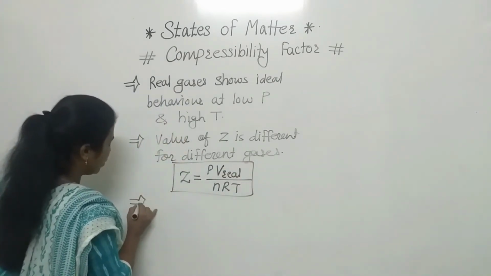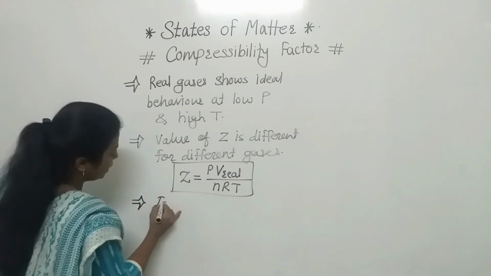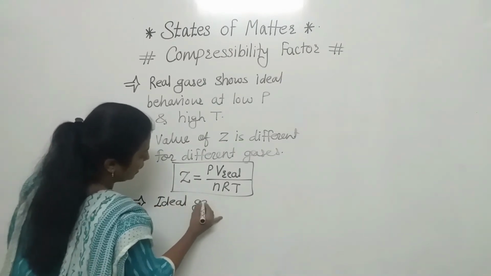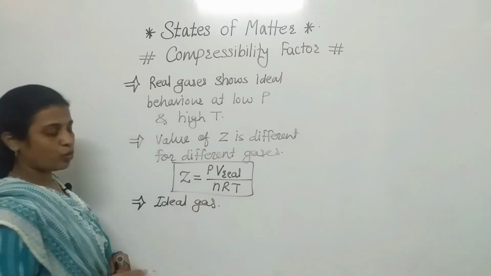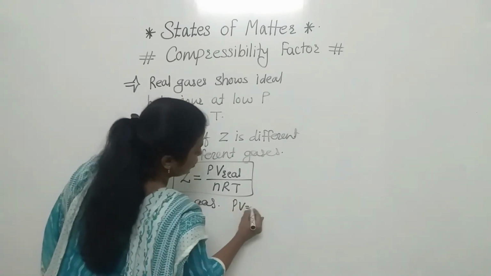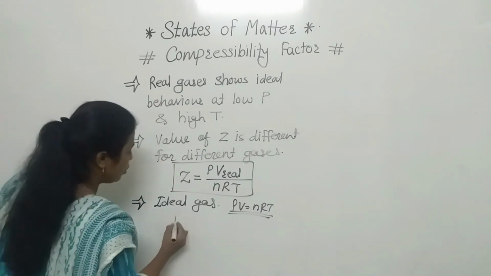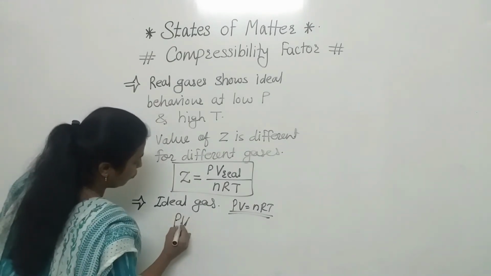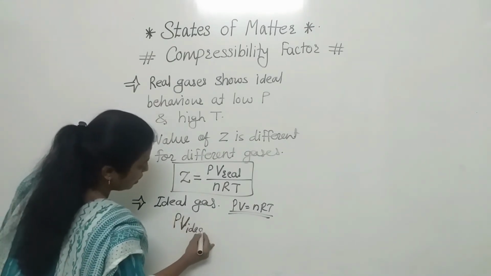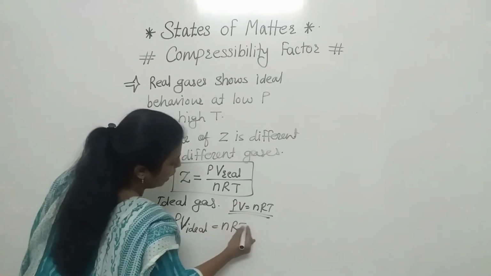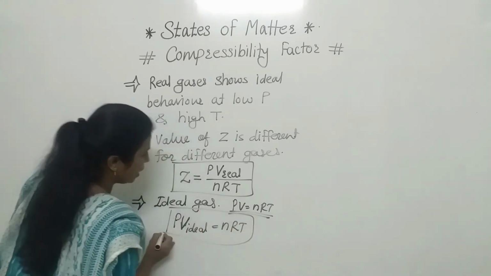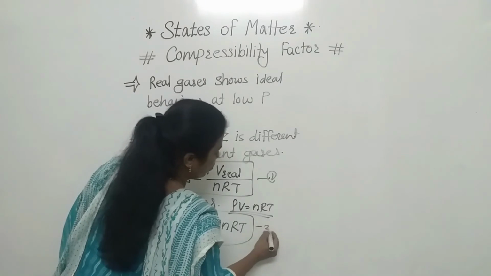Next, for an ideal gas, what is the equation? PV is equal to nRT, considering the volume of the ideal gas. So PV of ideal is equal to nRT. This is the second equation, equation 1 and equation 2.